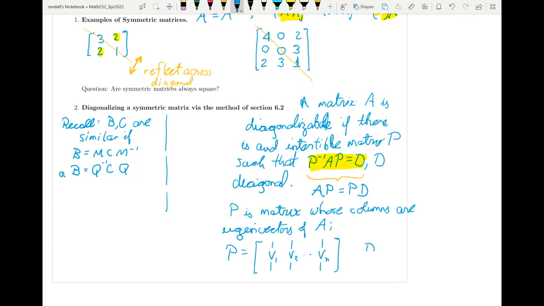That's what P is, and D is the eigenvalues ordered this way along the diagonal, so everything else is 0.